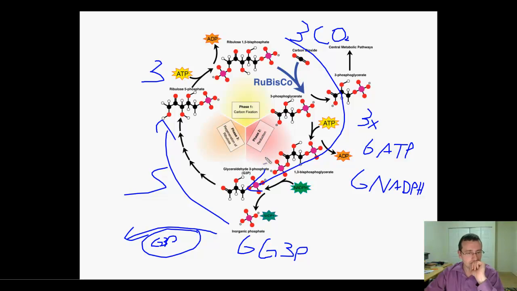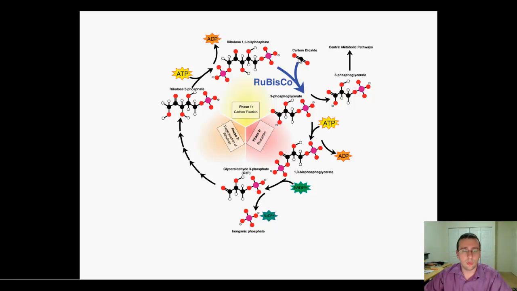3 plus 6 makes 9 ATPs total, right? Okay. So, the problem is, follow the carbons. 1 plus 5 makes 6. 6 split up makes 2 molecules with 3 carbons each. All it's doing is adding phosphate, so it's still 3 carbons. All it's doing is removing phosphate and adding hydrogen, so it's still 3 carbons. So G3P is still a 3-carbon molecule.